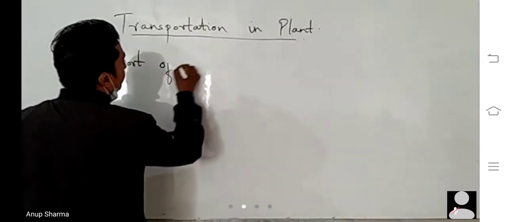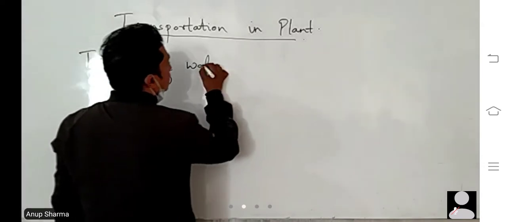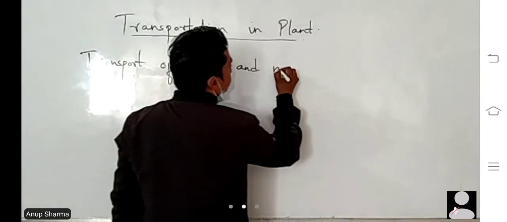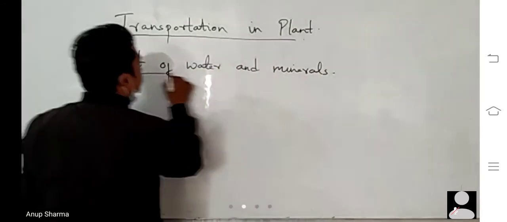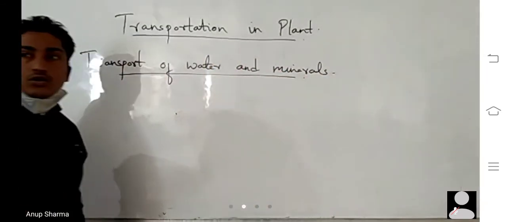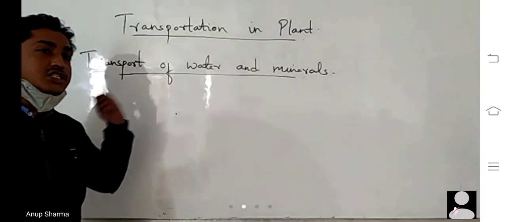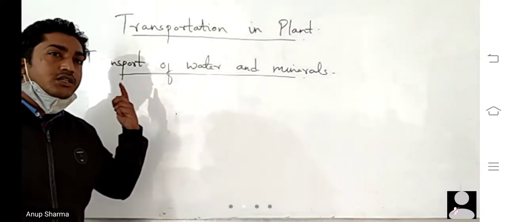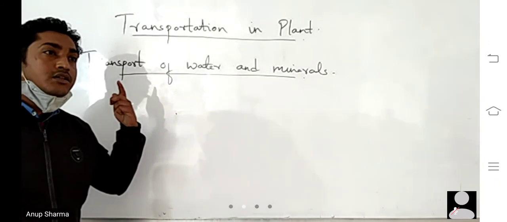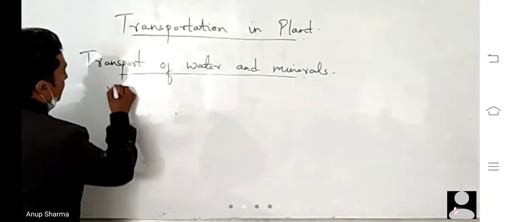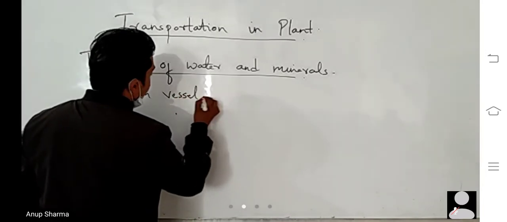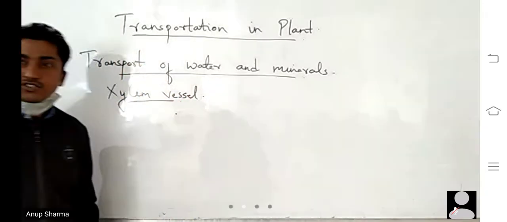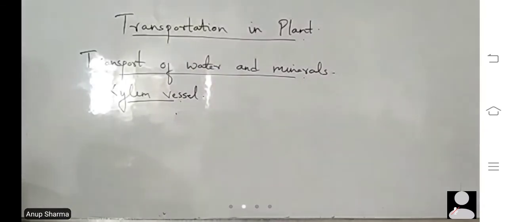Transport of water and minerals. As we all know, the vessel associated with this is which vessel? Always remember, xylem vessel is associated with the transport of water and minerals.